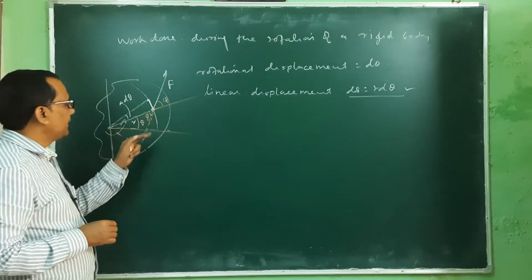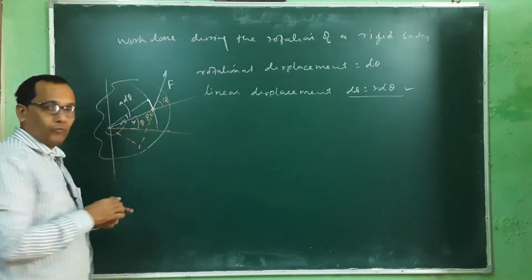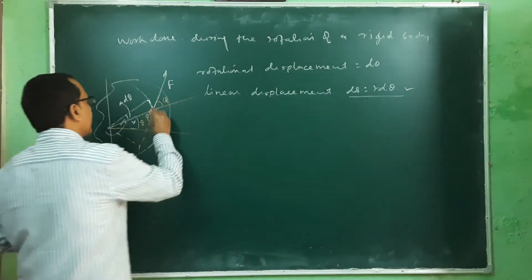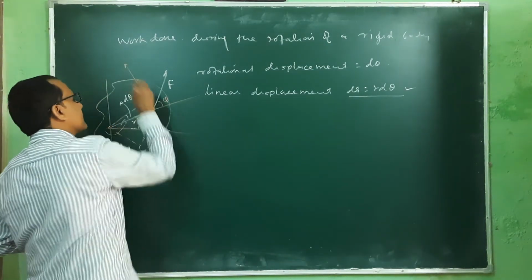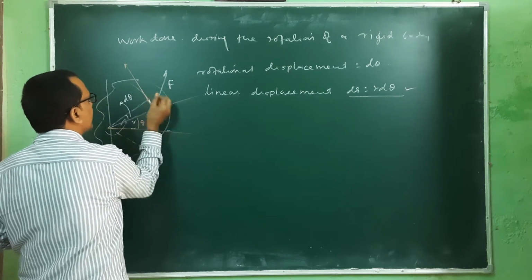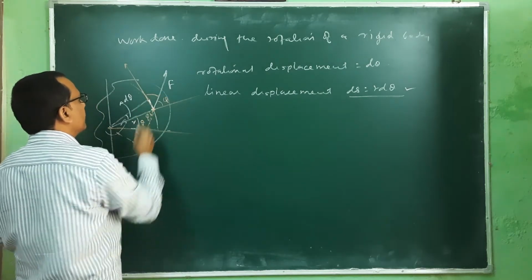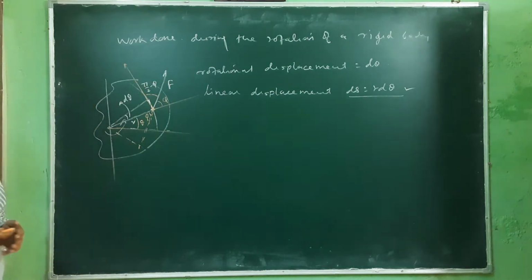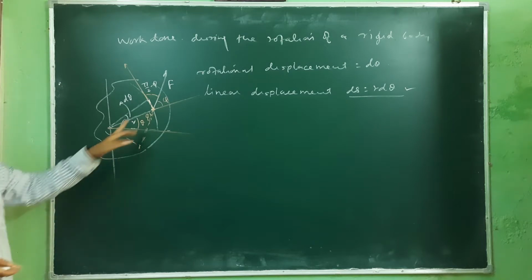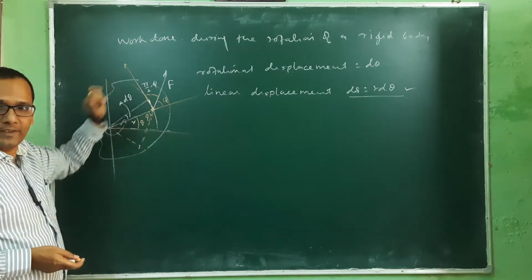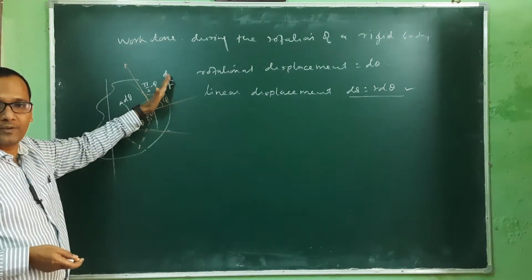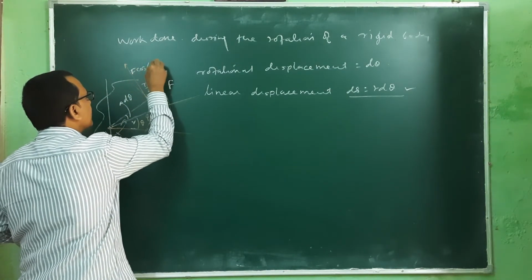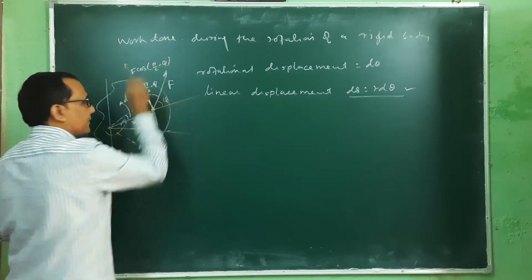We have to calculate the force in the direction of this linear displacement. The direction of that force along this will be perpendicular to this, so one can write this angle is pi by 2 minus phi. So this is phi, this is pi by 2 minus phi, and the component of this f along this will be f cos (pi by 2 minus phi).